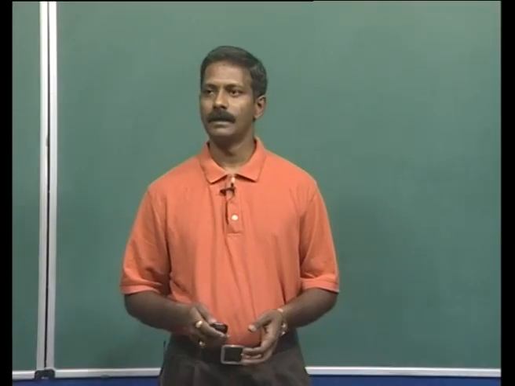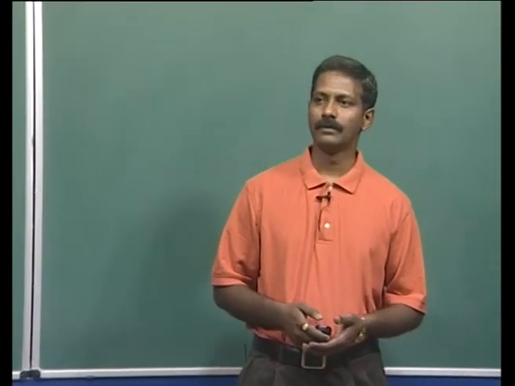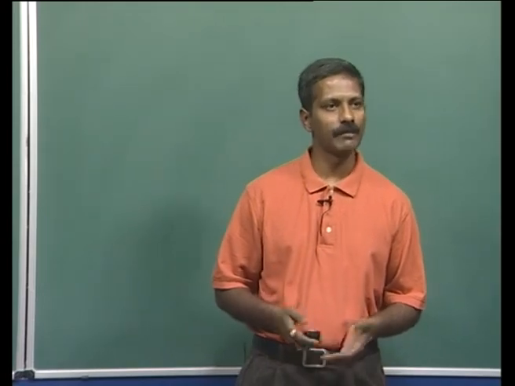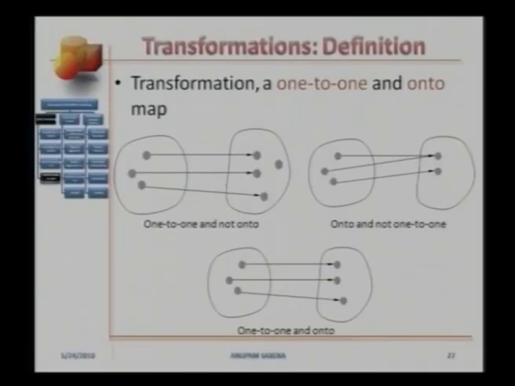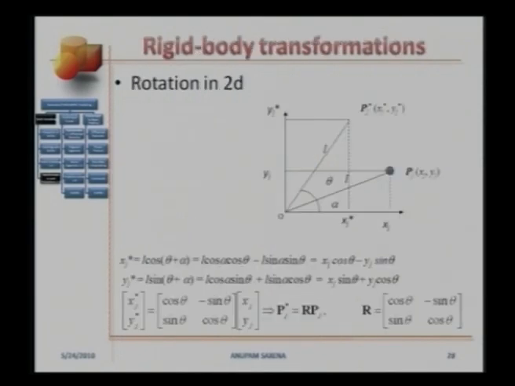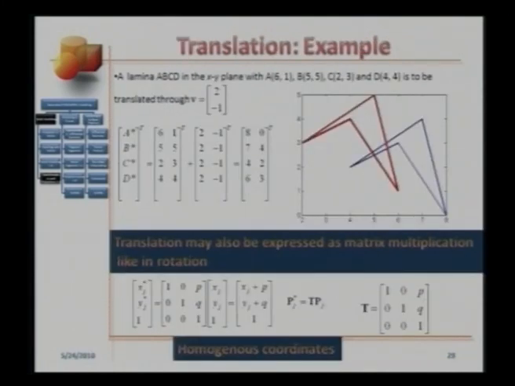At the end of the first column, we talked about transformations and projections, different techniques, different methods. We first defined what transformations were. They were one-to-one and onto mathematical maps. We talked about two-dimensional rigid body rotations, two-dimensional rigid body translations.